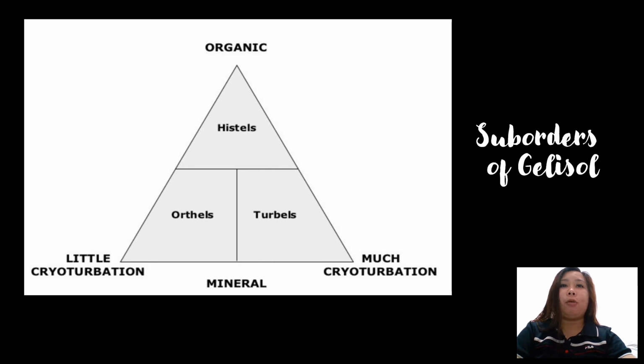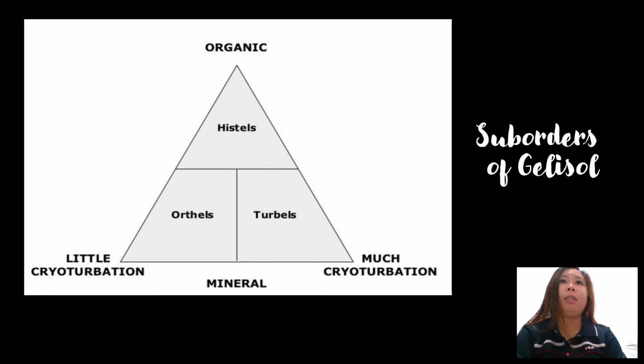For the gelisols, this soil order has only 3 suborders, which are the following. Histels, those are organic soils, similar to histosols, with 80% or more organic material from the soil surface to a depth of 50 centimeters or until a solid layer is found.